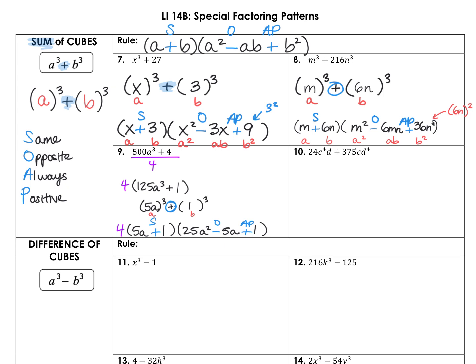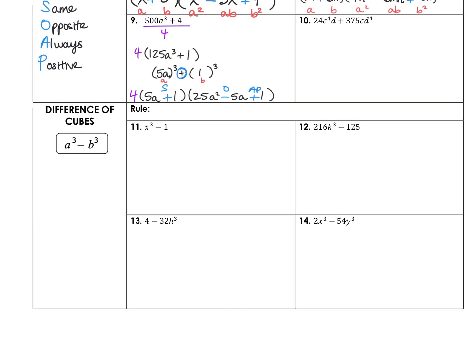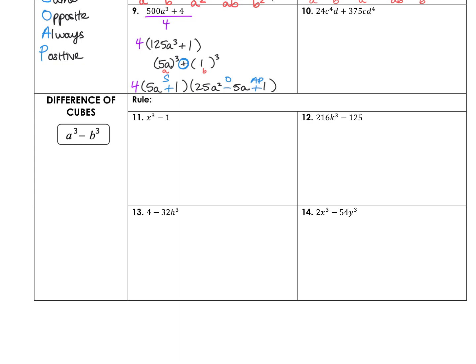We're going to do some difference of cubes now. Okay, so same rules apply, except you have a minus sign instead of a plus sign. So you need to figure out, again, what's A, what's B. You're going to see a minus sign in between them.